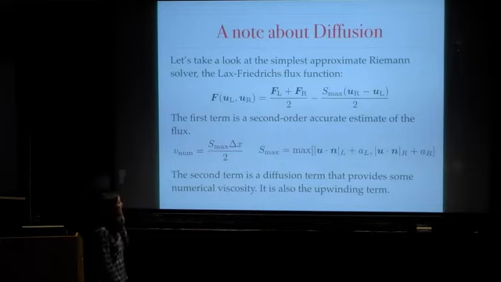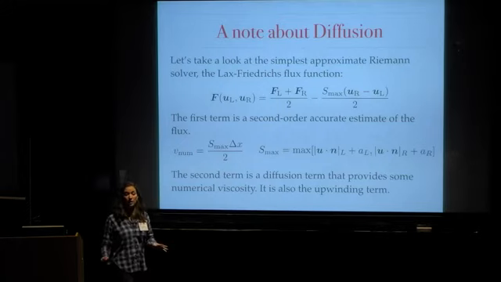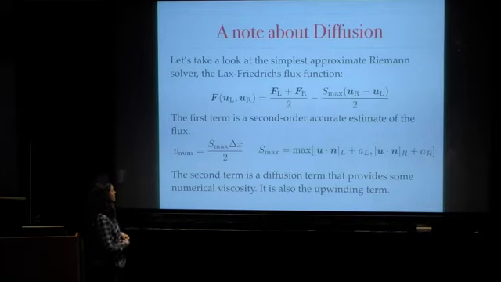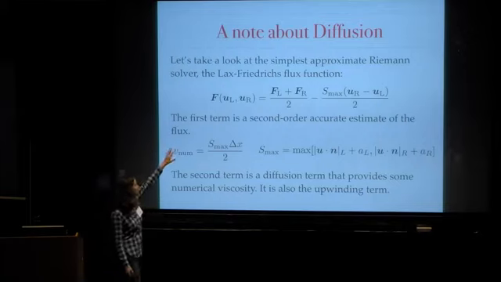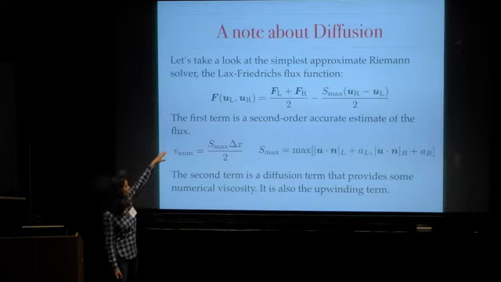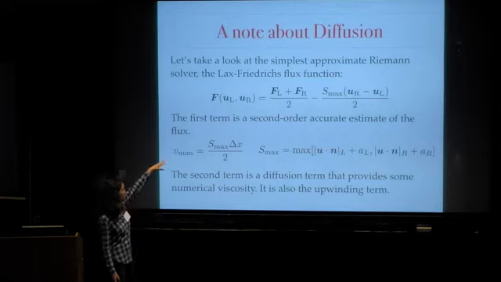So a quick note about diffusion. Let's take, for example, the simplest approximate Riemann solver that you can come up with. This is the Lax-Friedrichs flux function. The idea here is this is shorthand for the flux for the Riemann problem as a function of UL and UR.